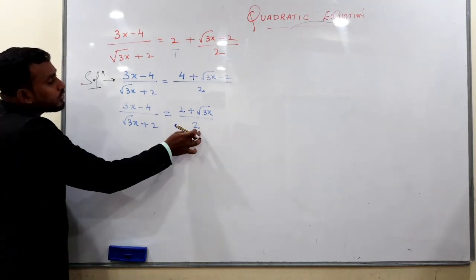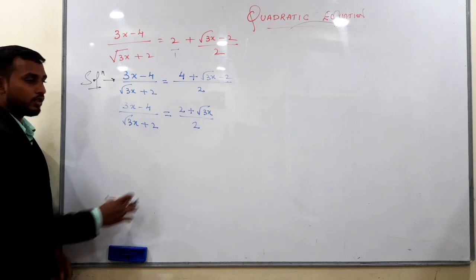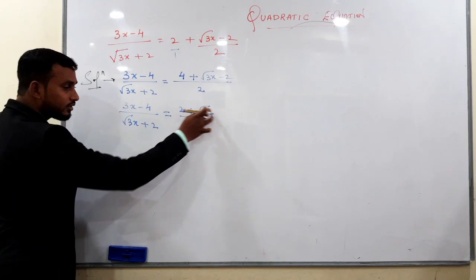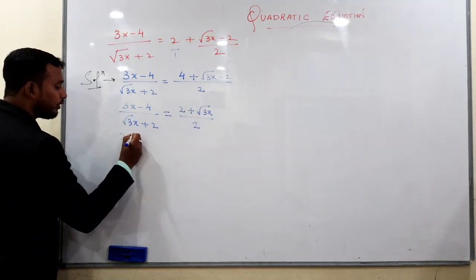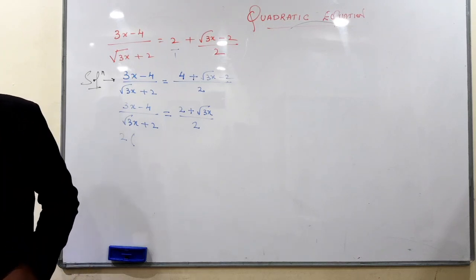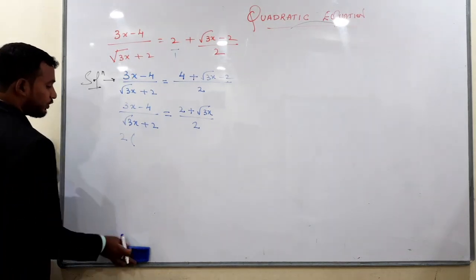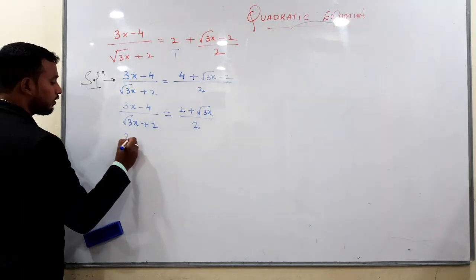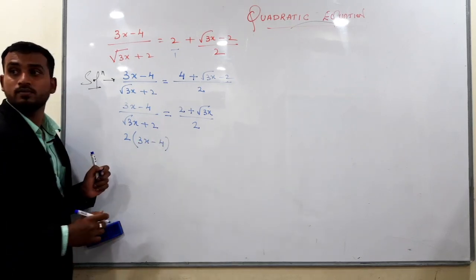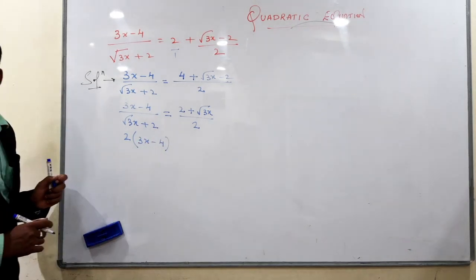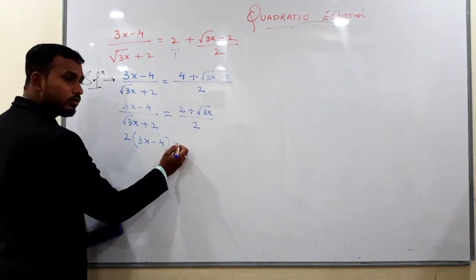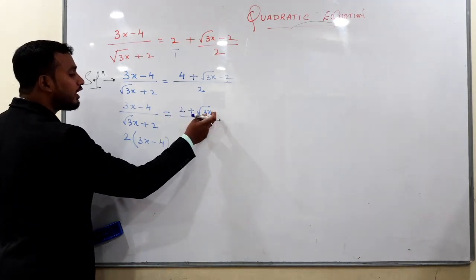Good. Now, shall we cross multiply these terms here? That is 2 multiplied with this, root 3x plus 2 is multiplied with this. That is nothing but 2 into, I think you people can't see on the board clearly, let me change the pen. 2 into (3x minus 4) is equal to 2 plus root 3x or root 3x plus 2.